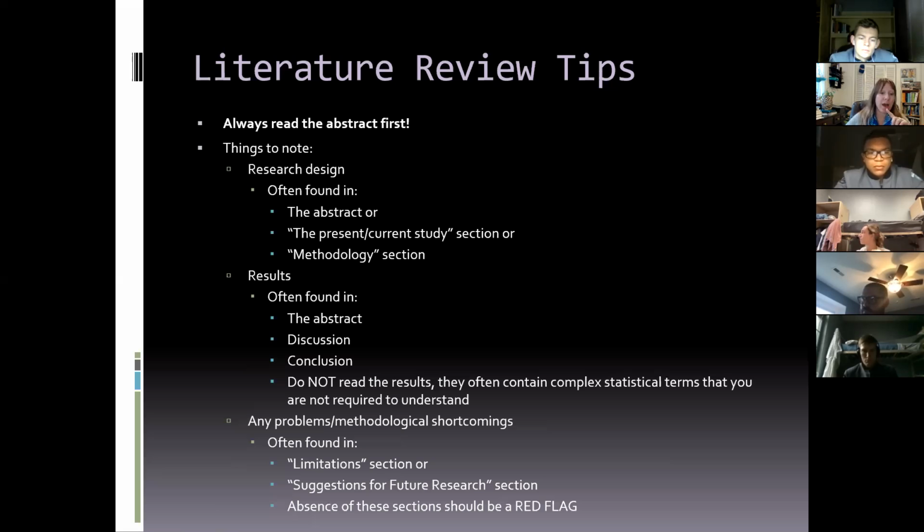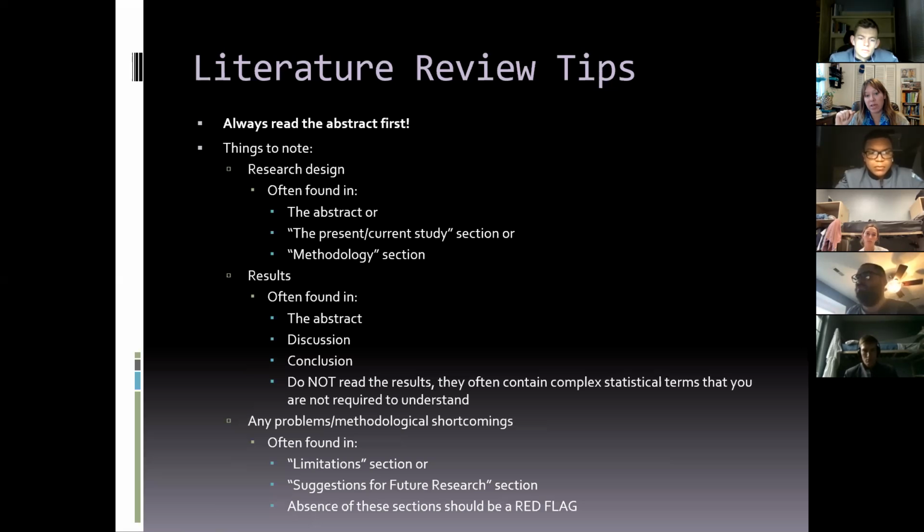Occasionally, there will not be a limitations or suggestions for future research section. Some authors will just have a paragraph in their discussion that describes their limitations. So if you can't find either of those sections, I recommend Control F to search the PDF for the word limitation, and you'll find it buried somewhere.